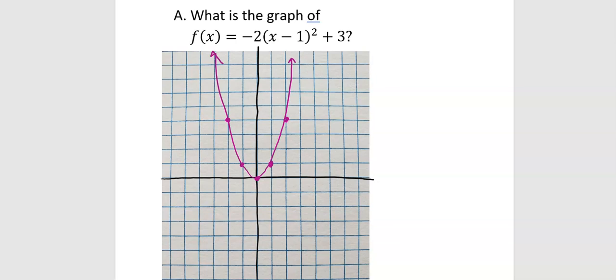So what does the negative mean? The negative before the 2? Down. Okay, so it opens down. I'll put opens down. Okay, what does the 2 mean? Is it a stretch or compression?